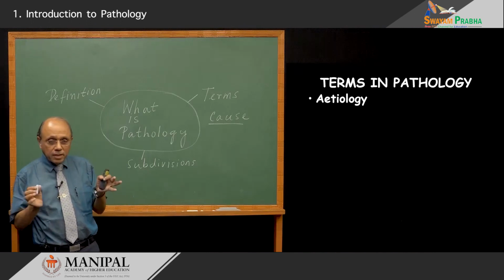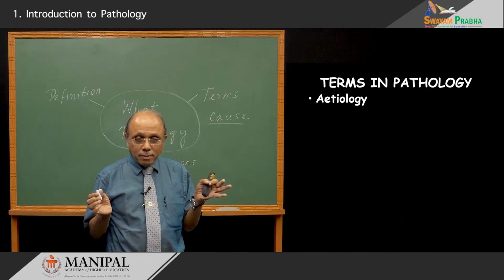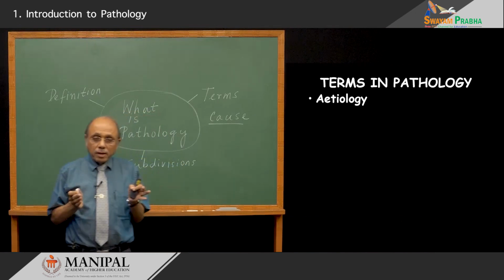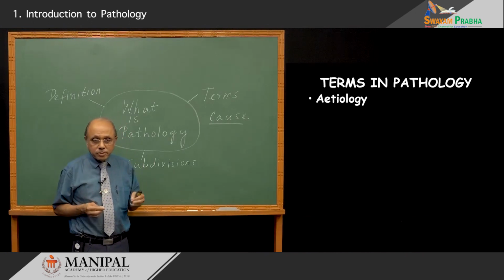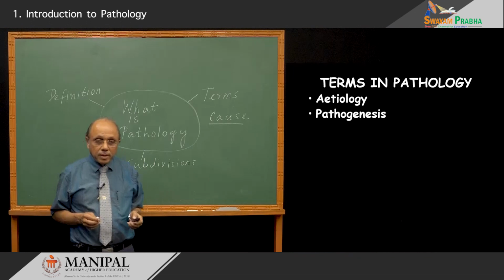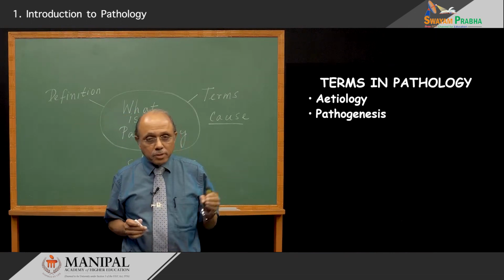So, etiology is a big word to indicate the cause. So, for every disease we have a cause. We may not be able to recognize all the causes, but the word etiology is commonly used in pathology to indicate cause.